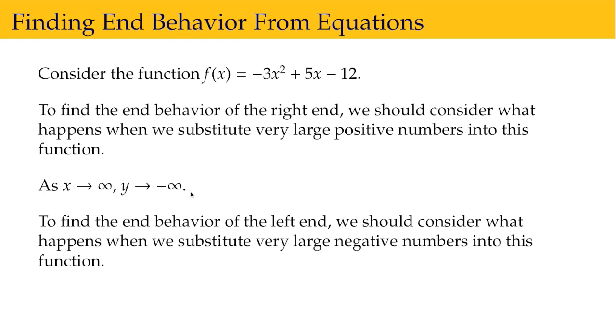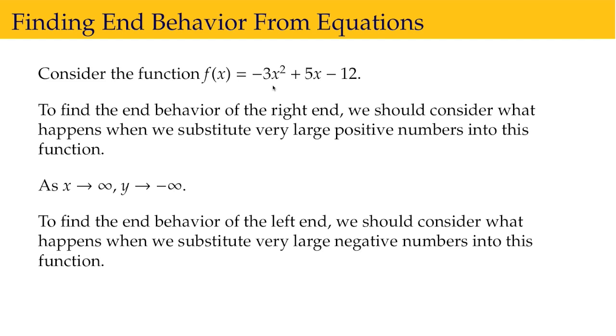Now, to find the end behavior of the left end, we want to consider what happens when we substitute very large negative numbers. Again, that negative 12 isn't going to matter once we're talking about very large numbers. This 5x won't even matter. I really only have to think about this first term, the term with the highest degree.